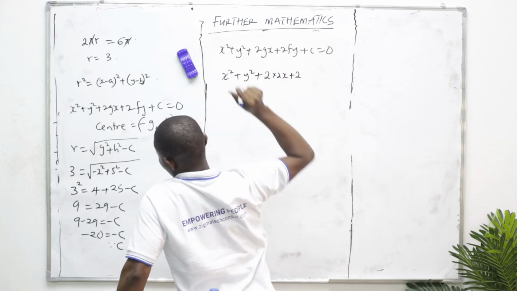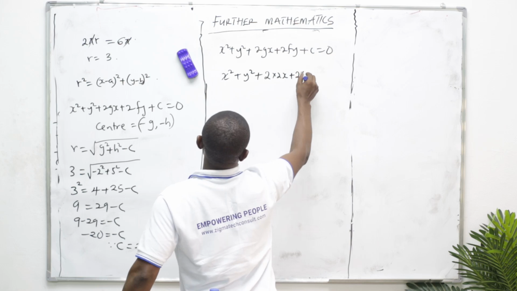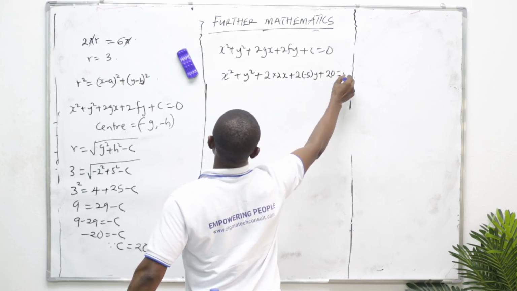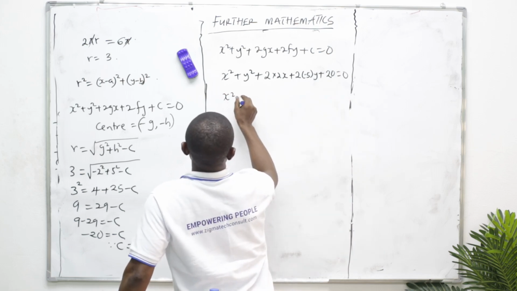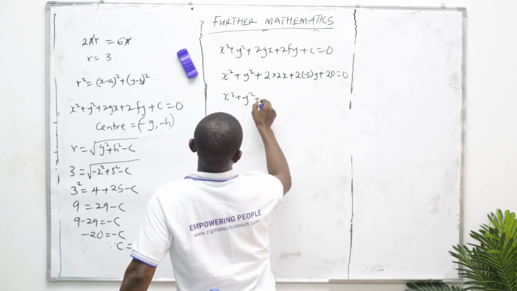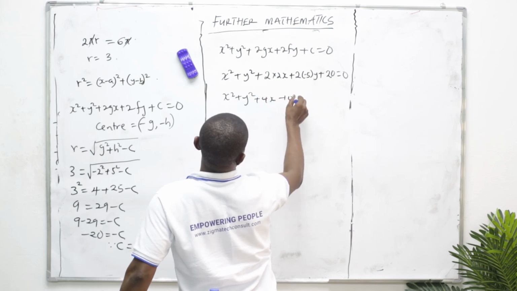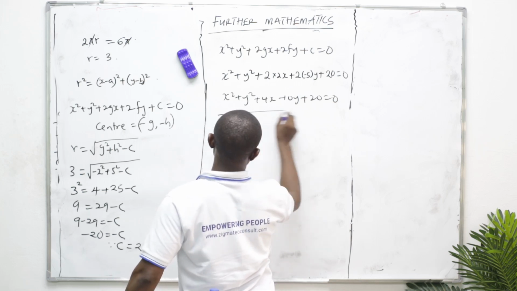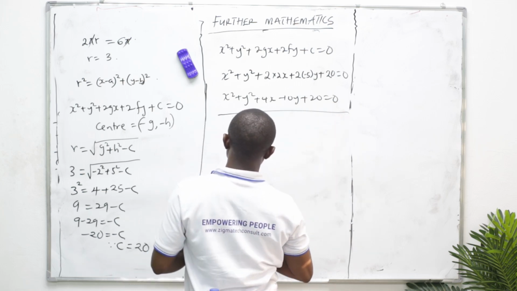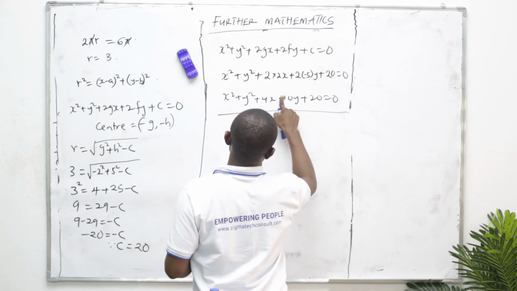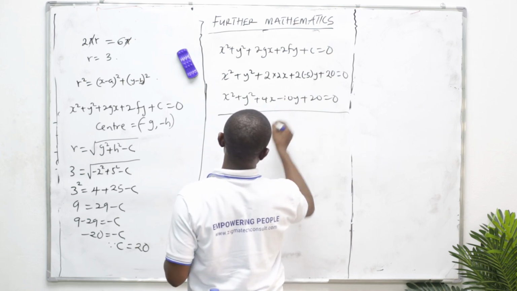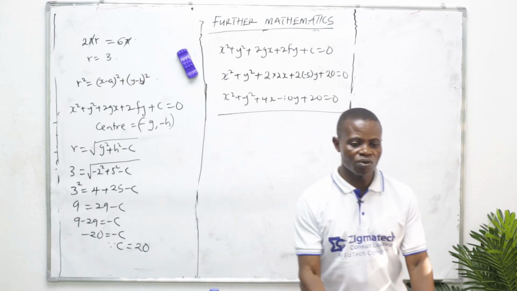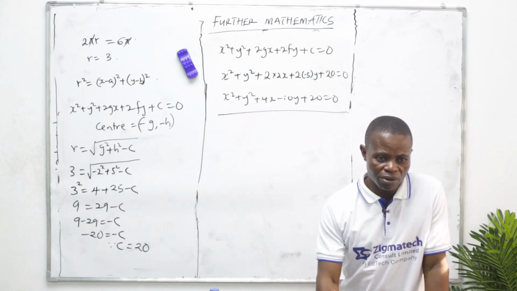Our f is 5 in the question, but if you bring it here, that's minus 5 into y, plus c, which is 20, equals 0. So now x squared plus y squared plus 4x minus 10y plus 20 equals 0. So the equation of this circle is x squared plus y squared plus 4x minus 10y plus 20 equals 0. That is the equation of the circle.